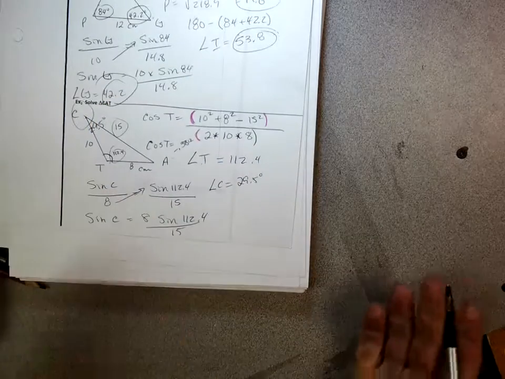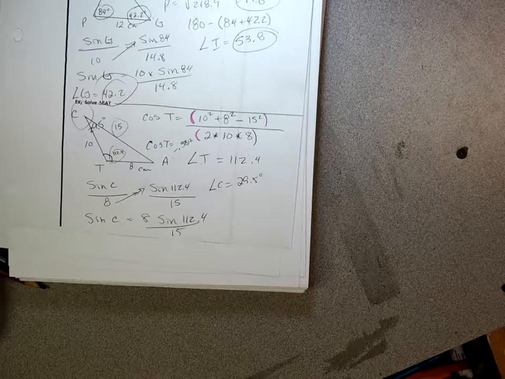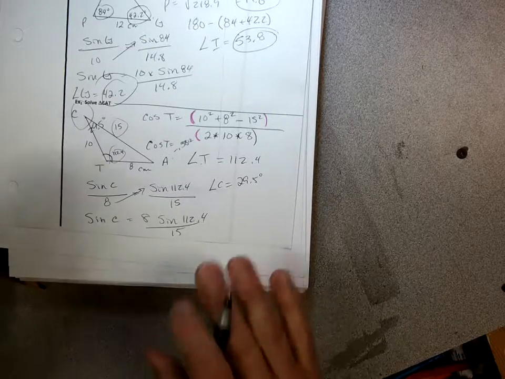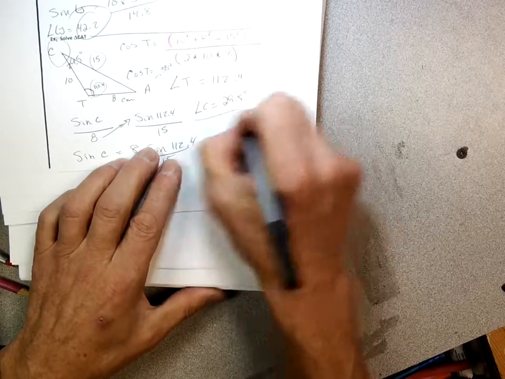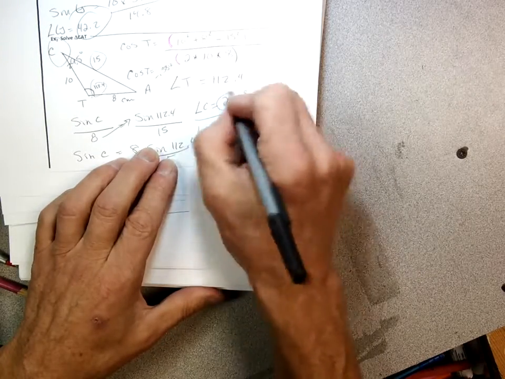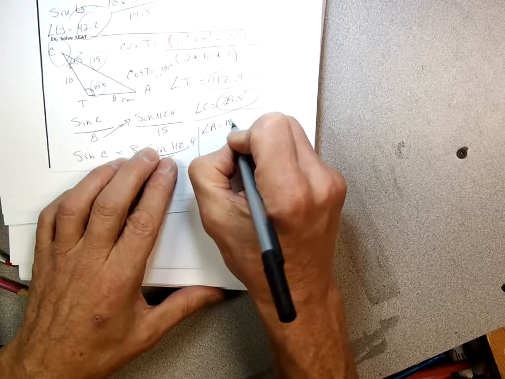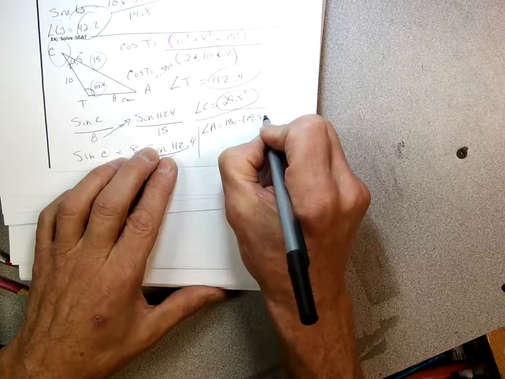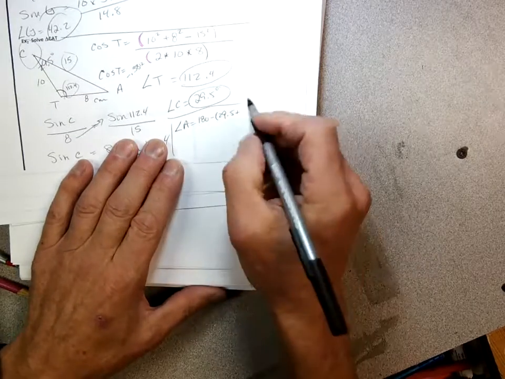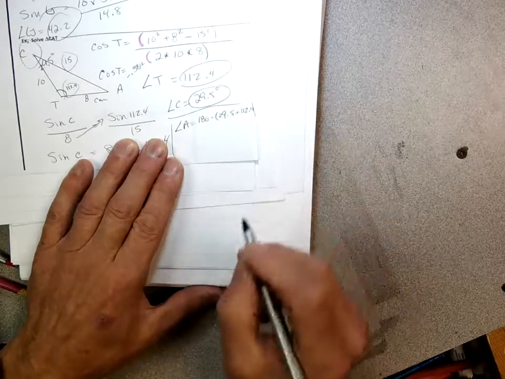Okay, now Ryan is probably going to use the law of sines to get angle A, because he's a mathematical genius. Me, I'm just going to add up and subtract from 180, okay? So for angle A, I'm just going to go angle A, 180 minus my 29.5 plus my 112.4.